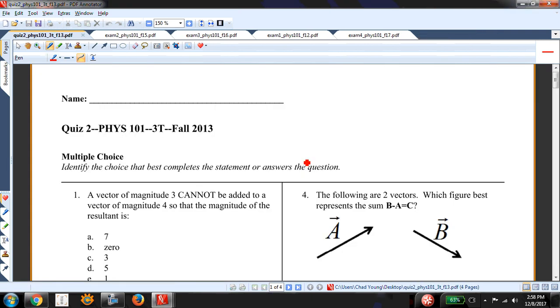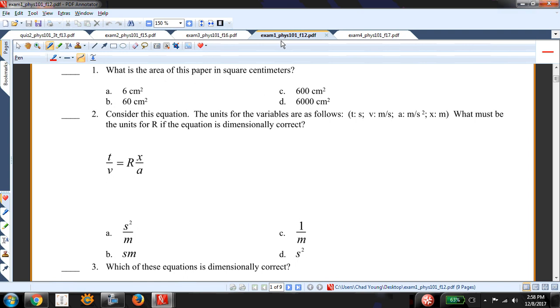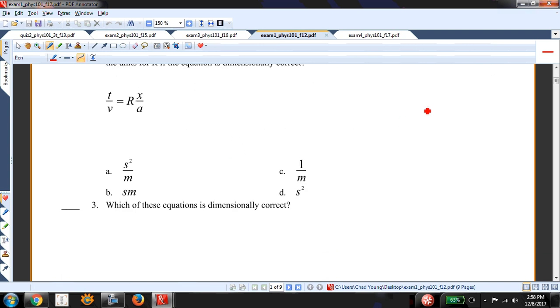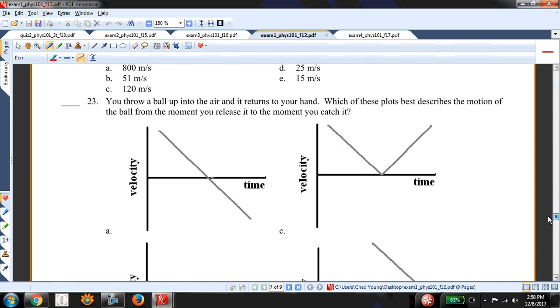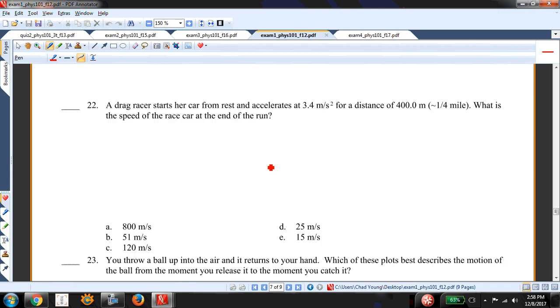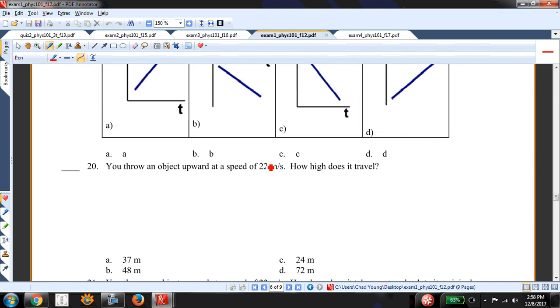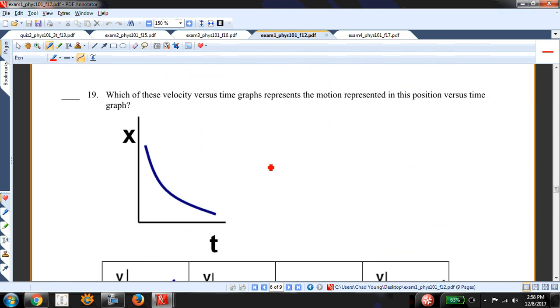We'll start with Fall 12, Exam 1. Number 19 and 23. Okay, you had these on your other exams, so these are not inappropriate.